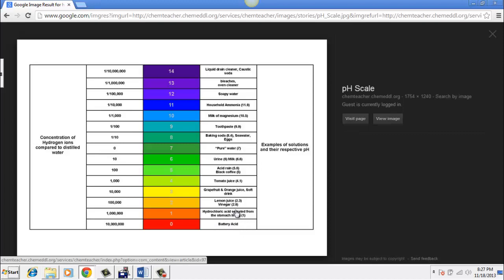And so we had a 6.4. We are basically in between, not quite neutral, a little bit more acidic than urine, and a little bit less acidic than milk. Milk is 6.6.